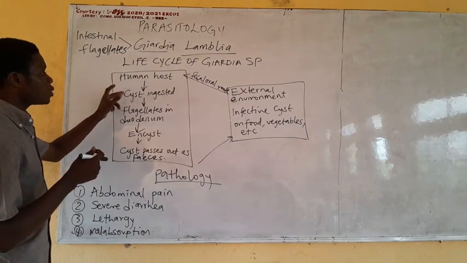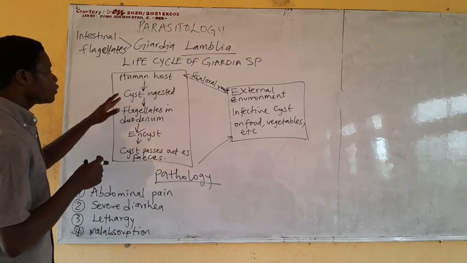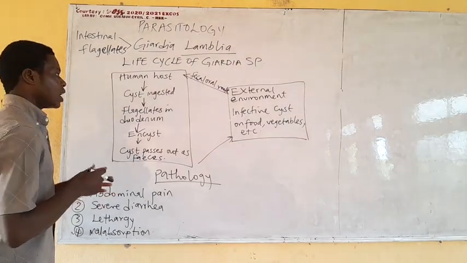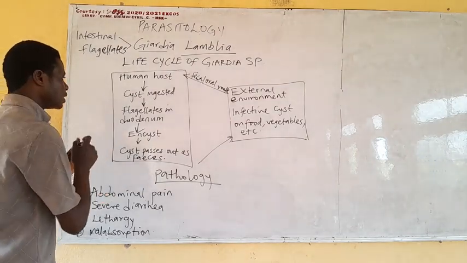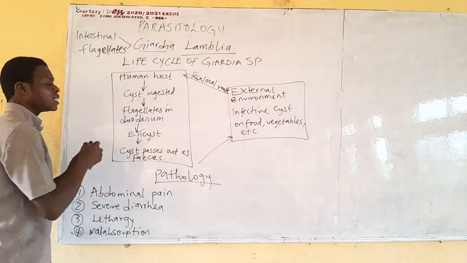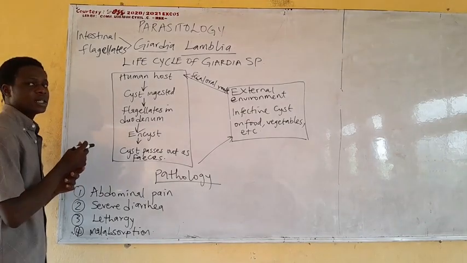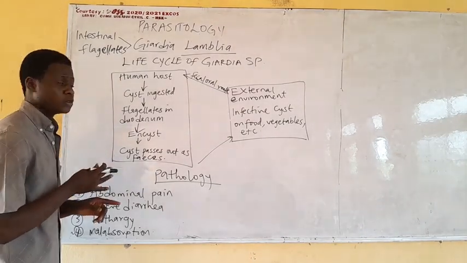Then when it gets to the human host, it forms a cyst at the upper small intestine, and at this stage it generates flagella at the duodenum and the jejunum.